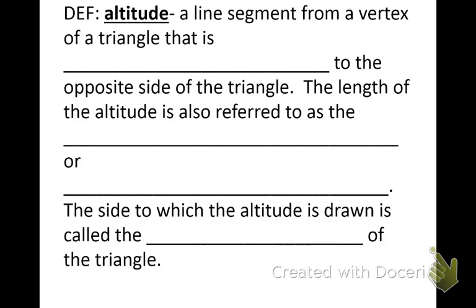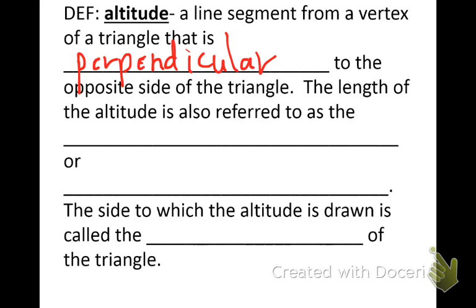Altitude. The altitude is a line segment from a vertex of a triangle that is perpendicular to the opposite side of the triangle.